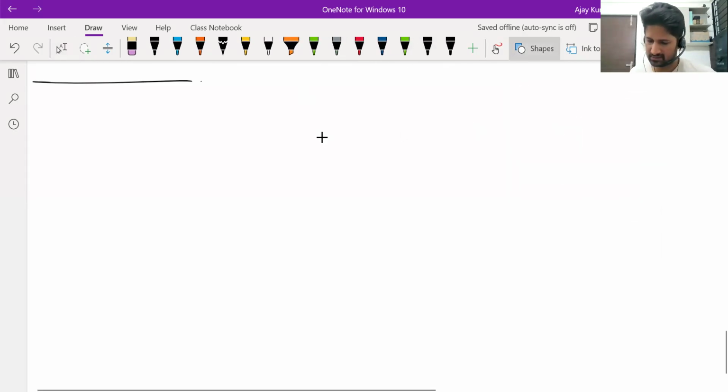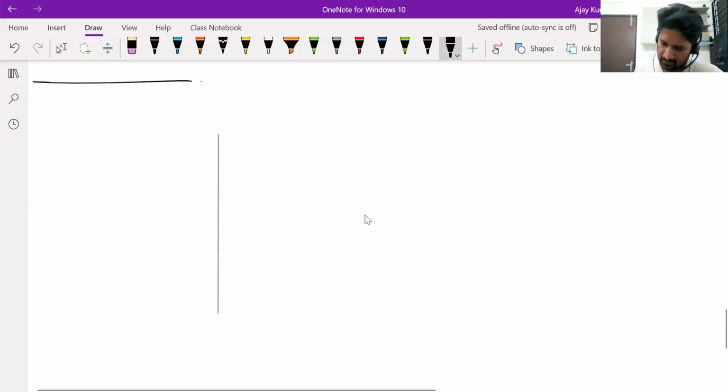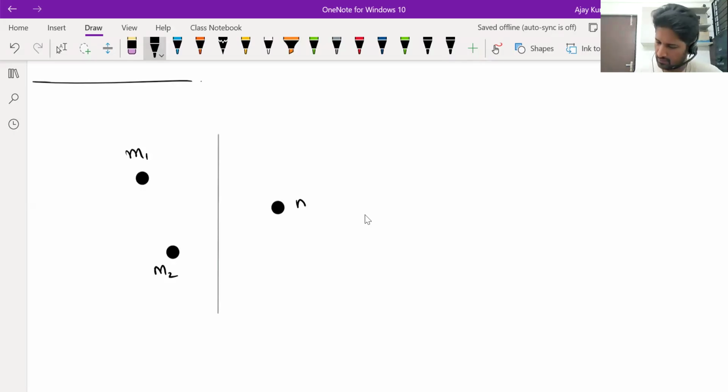Suppose there is an axis like this, any random axis for a system. Let's consider a simple system with three particles. Okay, M1, M2, and M3 at distances R1, R2, and R3.